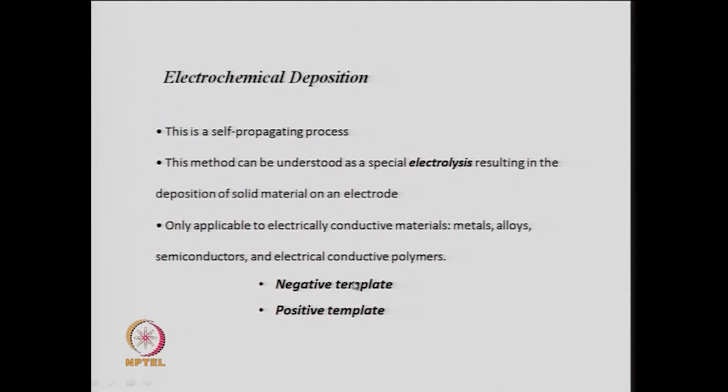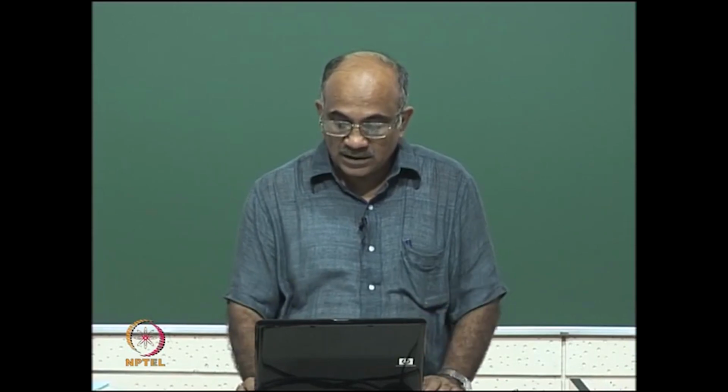Now, you can have two classes of this template method. One is the negative template method and the other is the positive template method. We will go into some examples where you are using a negative template to synthesize nanowires using electrochemical deposition and porous templates.